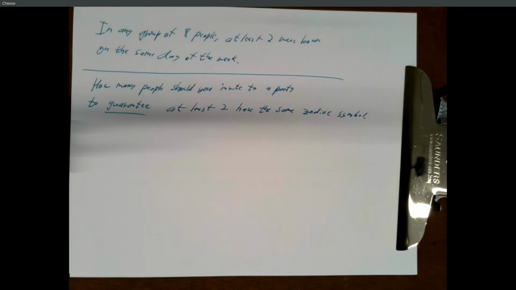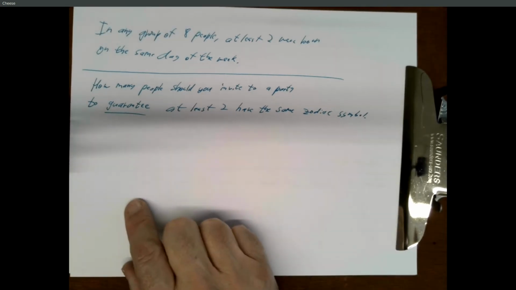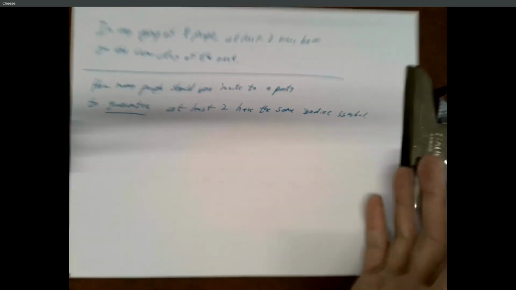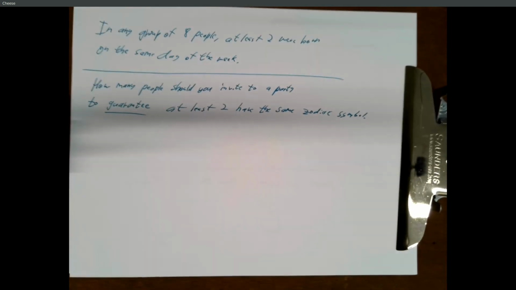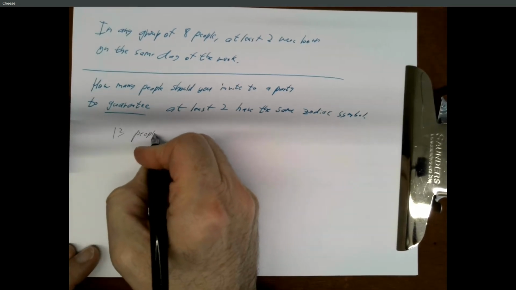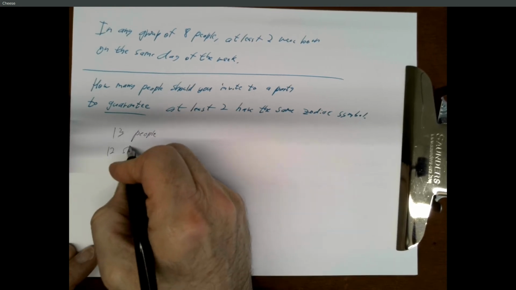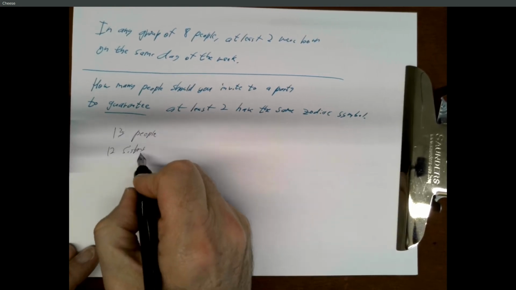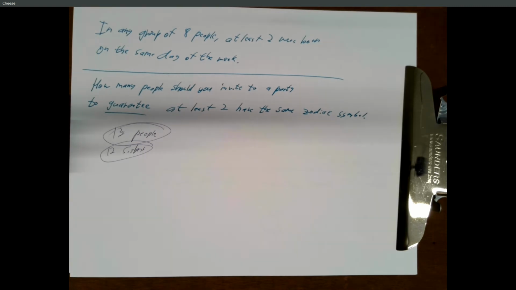And you've got to invite 13, and that's another application of the pigeonhole principle. Because if you invited 12, it's possible that each one comes from a different month. But the pigeonhole principle says if you have 13 people and 12 signs, right? So these are your buckets, these are your objects going into the buckets.